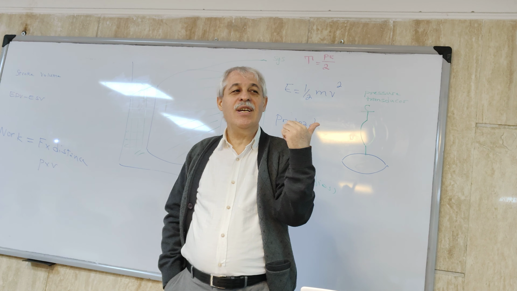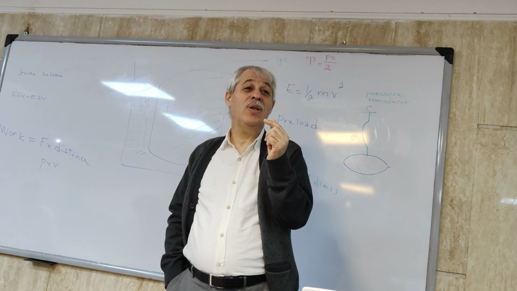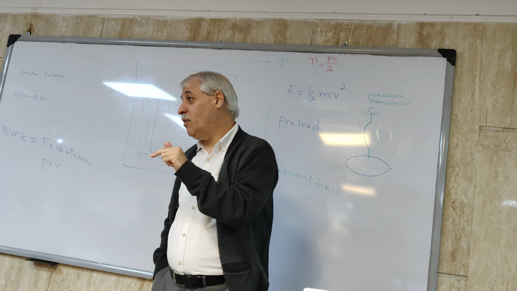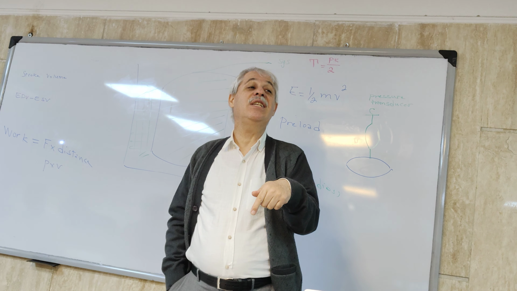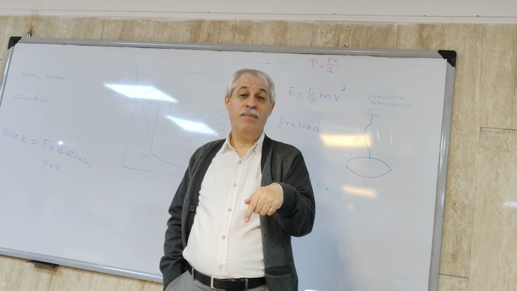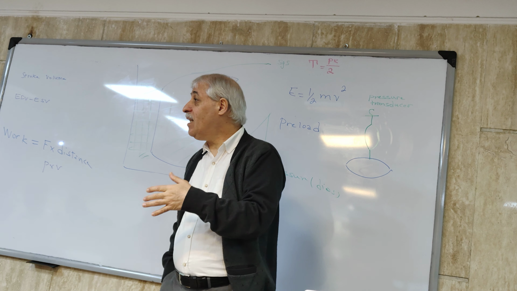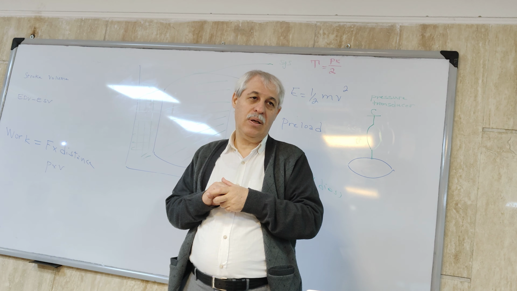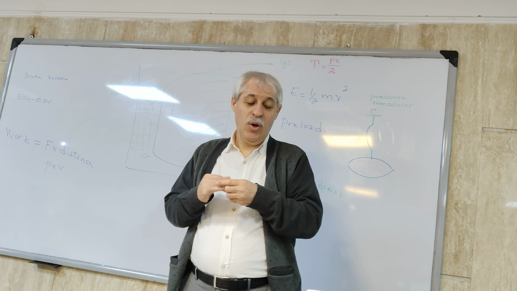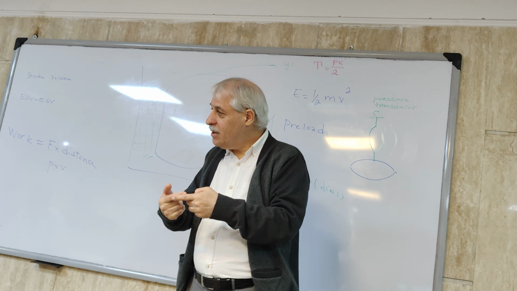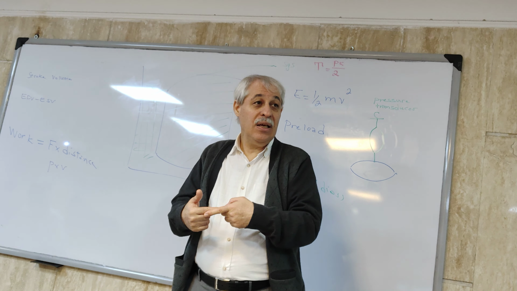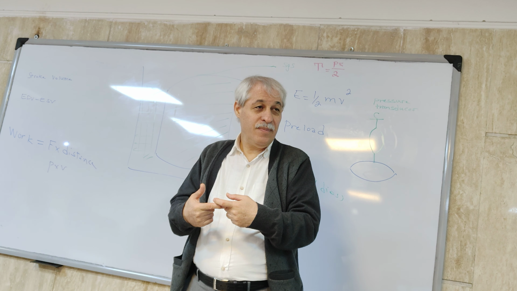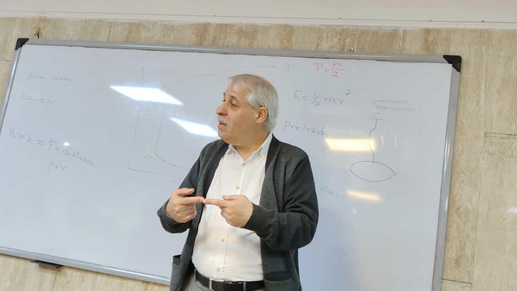In the previous version of Guyton, it doesn't mention this in the book, but in the new version it is mentioned. So we have two types of hypertrophy. Concentric, which adds myocytes in parallel, reduces the volume, and eccentric, in series, increases the volume.